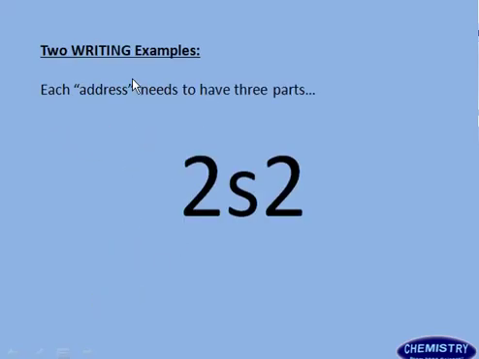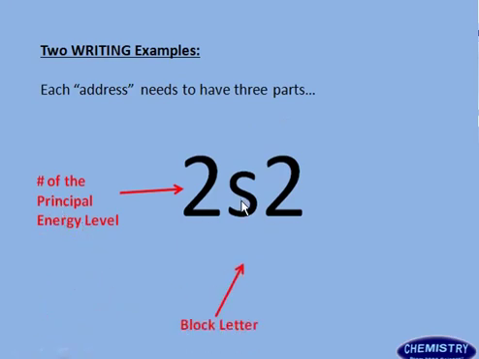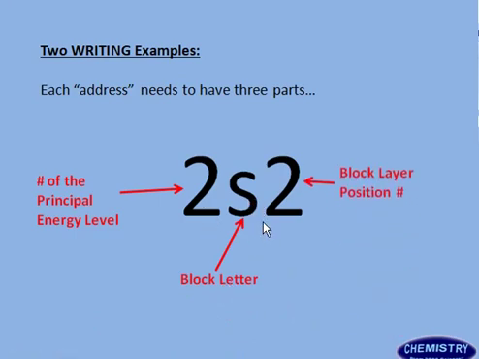As we write and as we read, each address needs to have these three parts. The first number is the number of the principal energy level. The sandwich letter is the block letter, and this is going to be S, P, D, or F. And the second number is going to be the block layer position number.